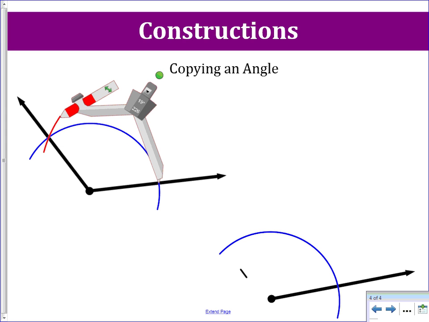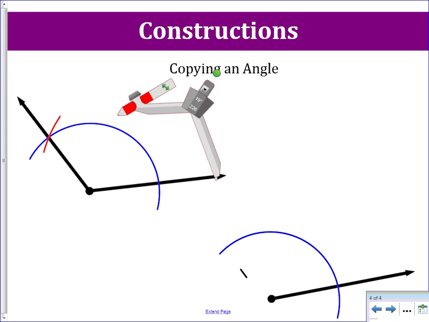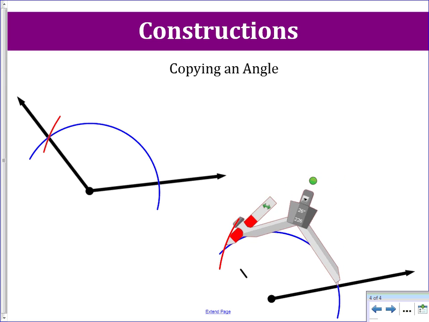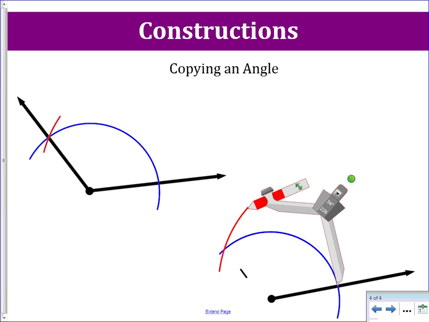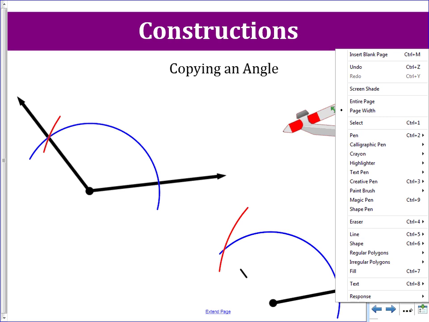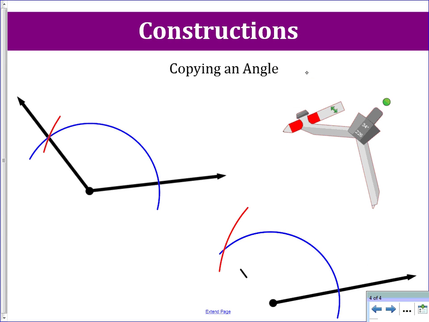Then once we measure that distance, we are going to copy that distance down here on this bottom ray, intersect. Ooh, I just barely made that arc long enough. And from there, we are going to connect our vertex to that intersection, and that moved, so that wasn't good. We just connect that vertex to our intersection.